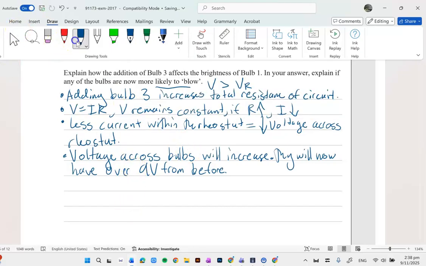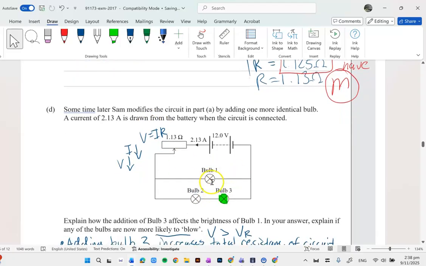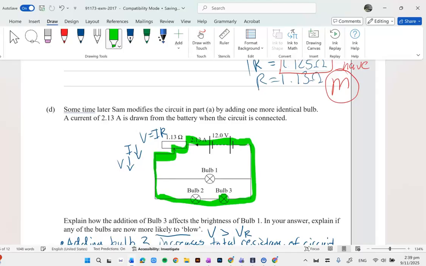Okay, so since they all have more than the 9 volts before, if we go back to here, we can see that because bulb 2 and 3 are actually in series, they're only going to receive half the voltage of what bulb 1 gets, because in series circuits the voltage splits.